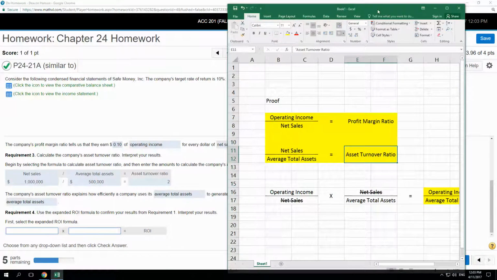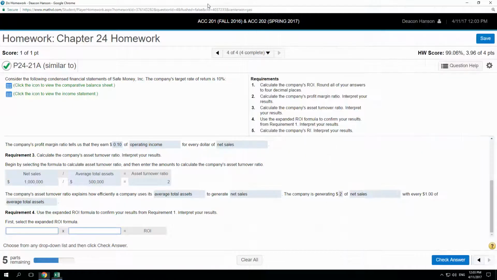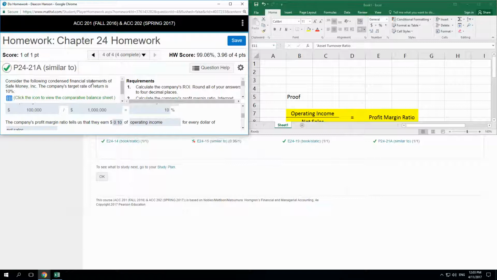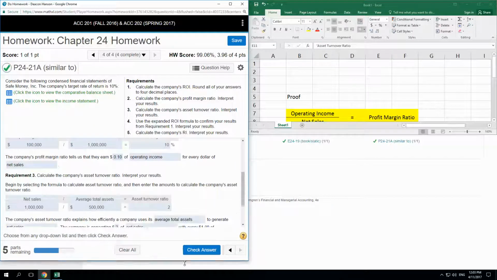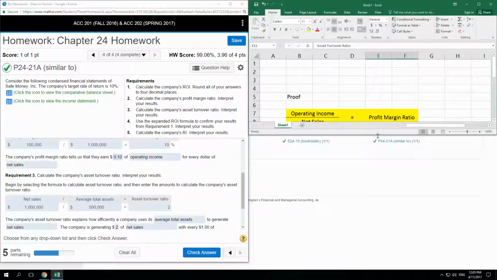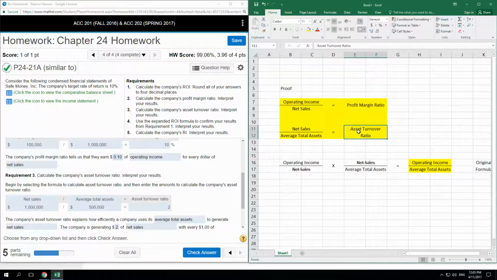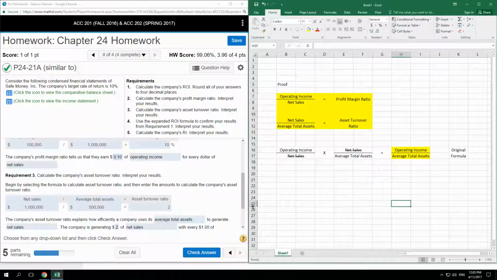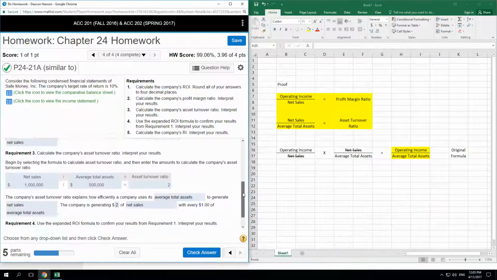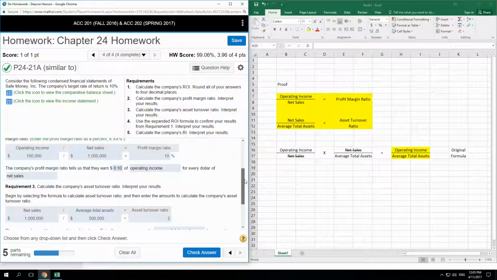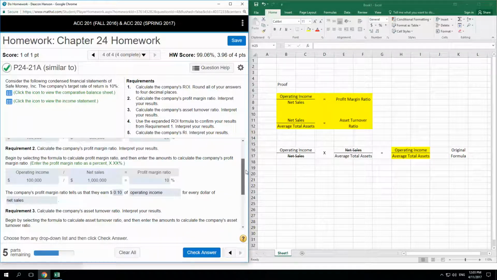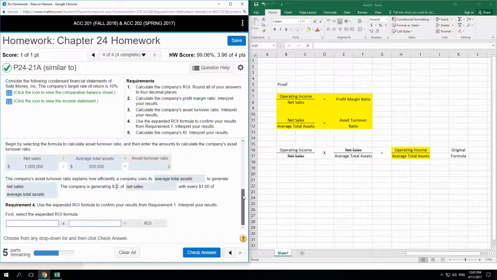And we got that over here. Let's see how this works out. Your profit margin is 10% and your asset turnover ratio is 2.